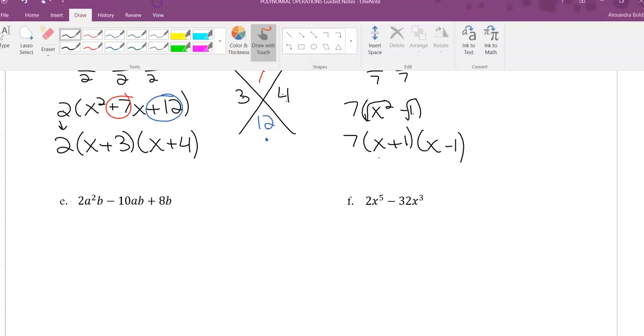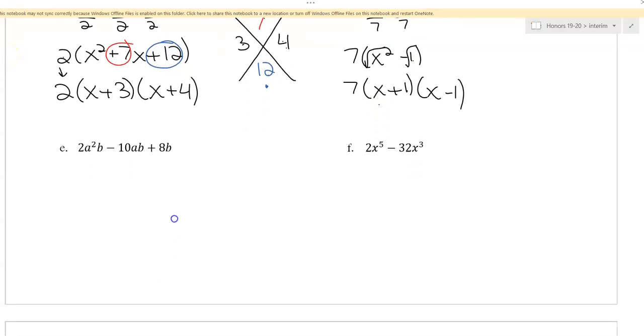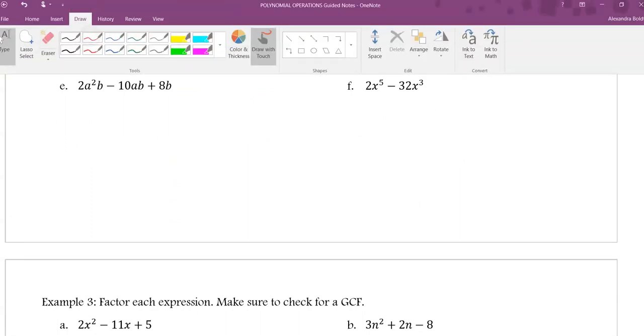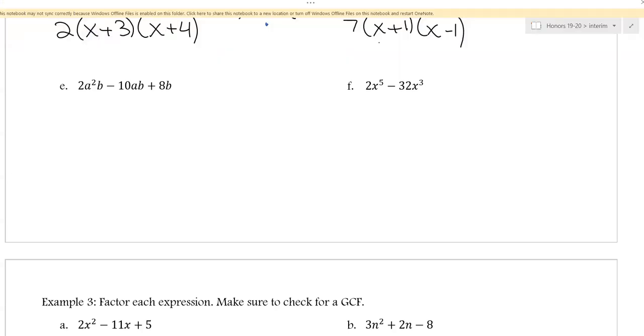All right, looking at E, now we have some crazy variable things, right? But if we think about our greatest common factor, these crazy variable things become much easier.